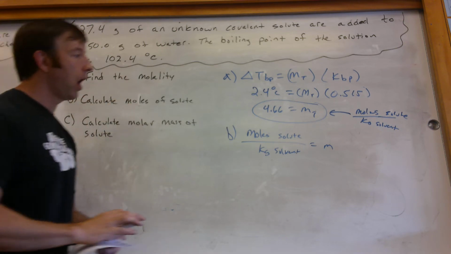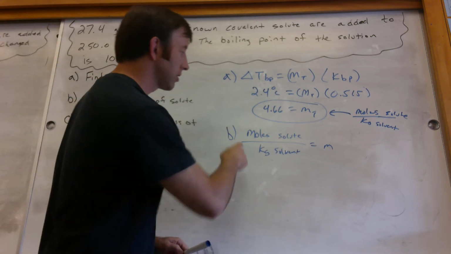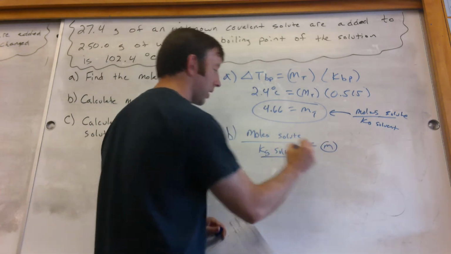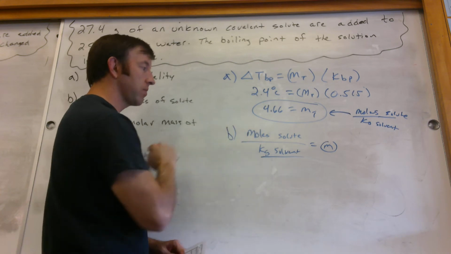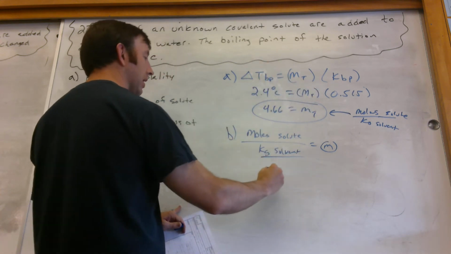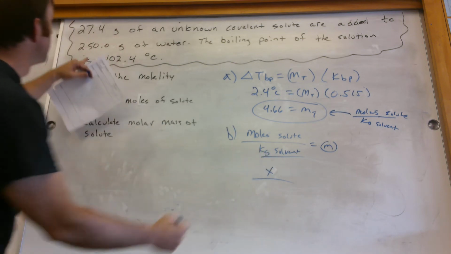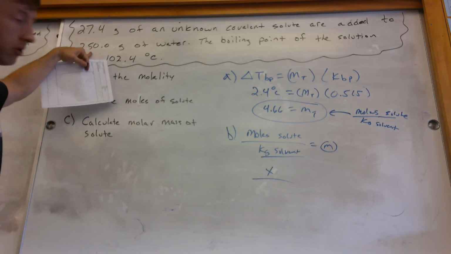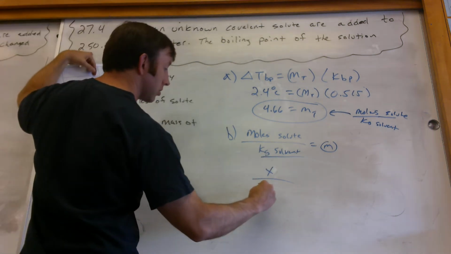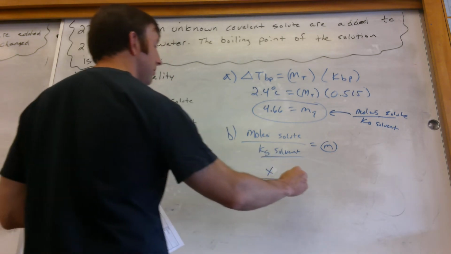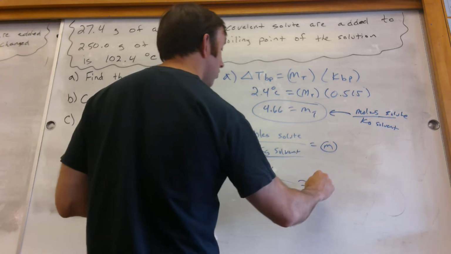All right, so what I can solve for now is moles of solute because I know my molality and I know my kilograms of solvent. This would be my x. So I can write this like x over a kilogram of solvent, which would be this number in kilograms. So that's 0.2500. So x over 0.25 equals 4.66.